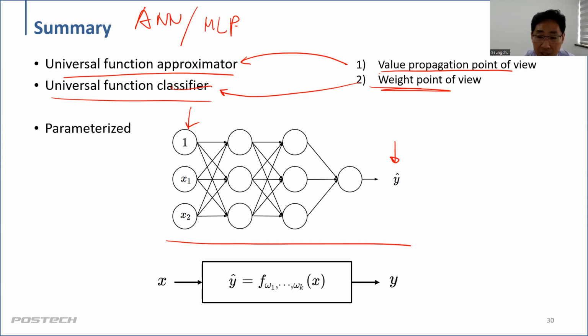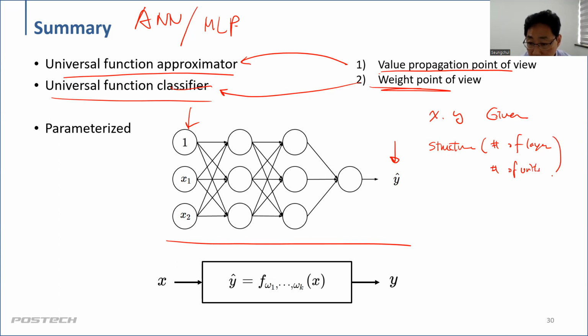So we have to design. Okay, I will say X and Y for the supervised learning case are given. And I will say structure, that means the number of layers and number of neurons or units. For this, we have to design.